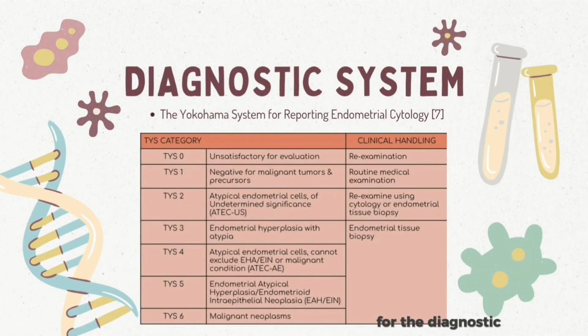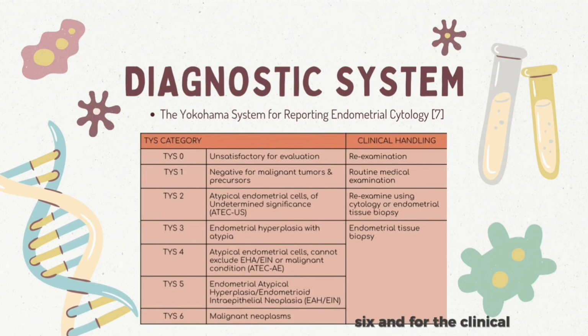For the diagnostic system, we use the Yokohama system for reporting endometrial cytology. As in the introduction, it is slightly different from the Bethesda system in terms of the categories. It is specific for endometrial sampling only. And as we can see, it includes TYS0 until TYS6.